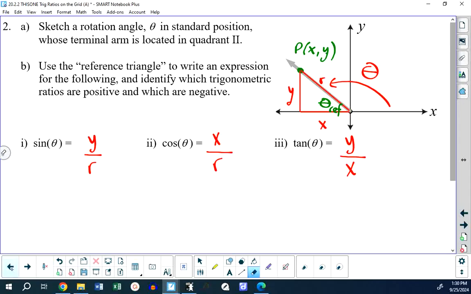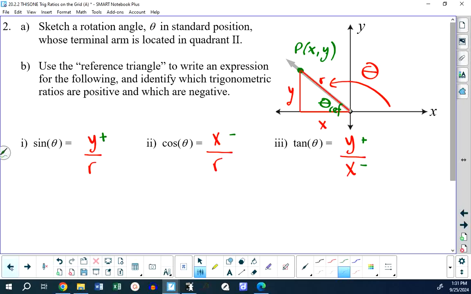Well, in quadrant 2, y is positive and x is negative. And just think about that. Look in quadrant 2, pick a point in quadrant 2. X will be a negative number, y will be a positive number.